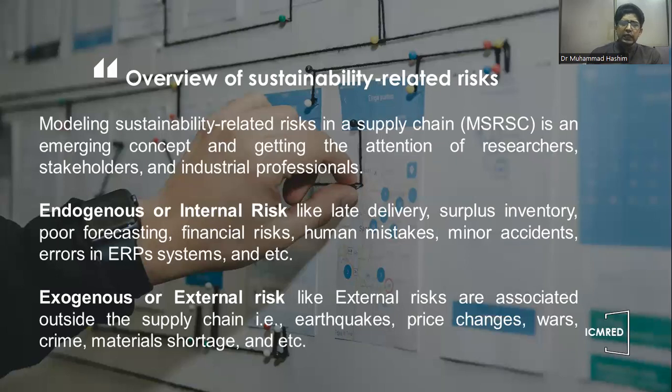The second category is exogenous or external risk. We can explain these risks like earthquake, price changes, war, crime, and material shortage. These are uncontrollable risks that we have to face during our organizational process.